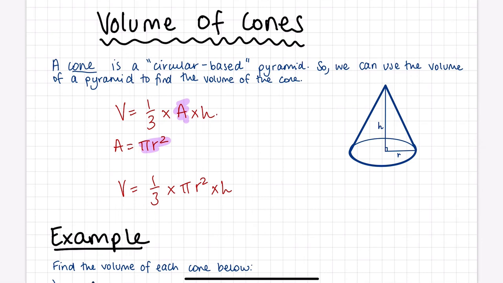So our final formula for the volume of a cone is a third pi r squared h. Let's put a big box around that one. This is the formula that you're going to use today.